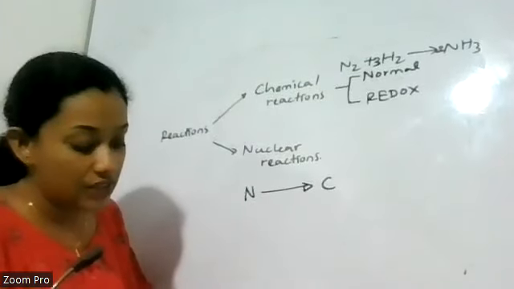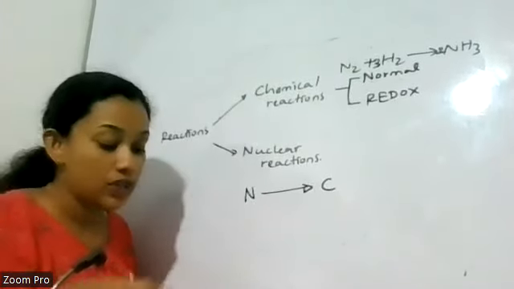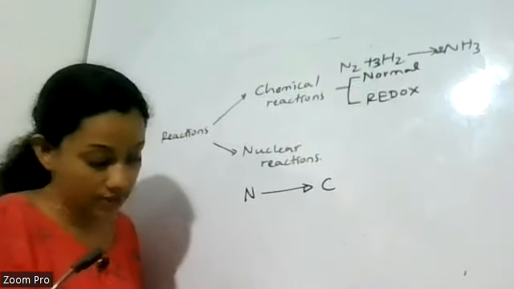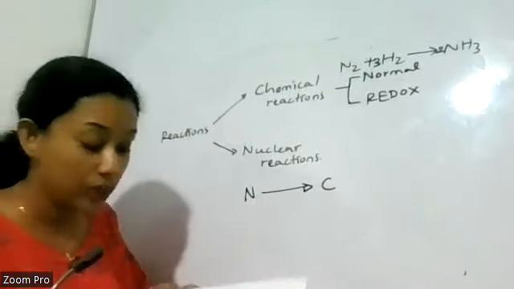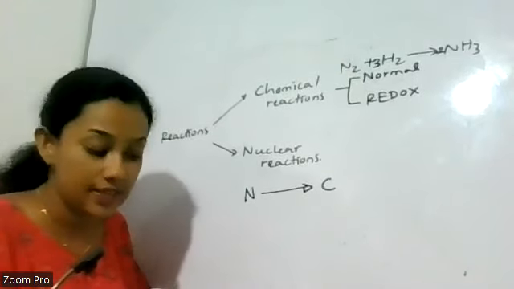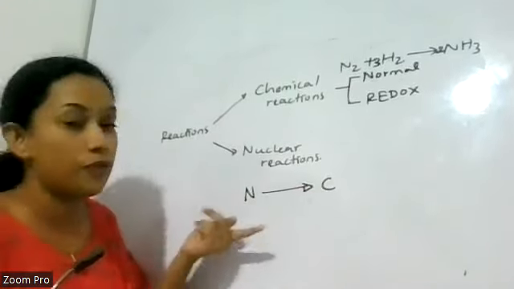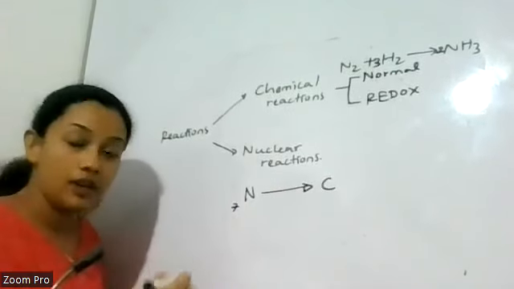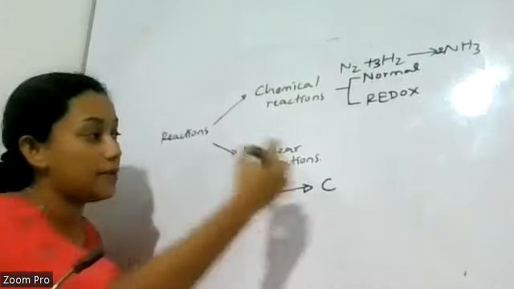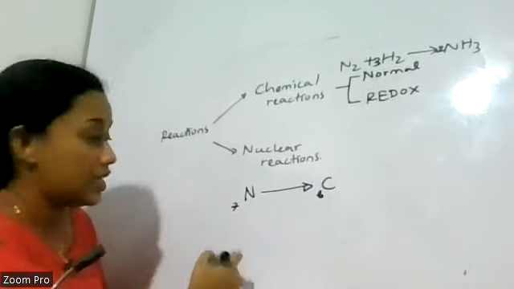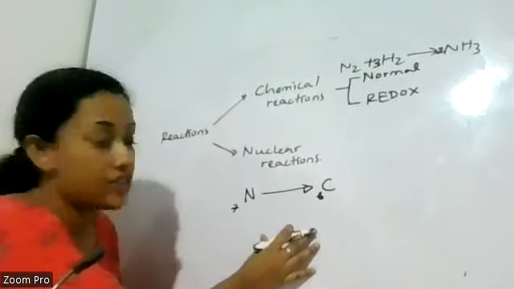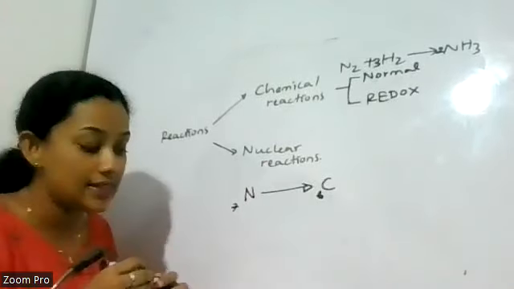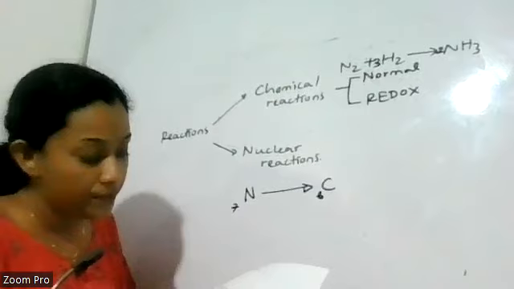In a nuclear reaction, the nucleus is broken and new elements are formed, like carbon from nitrogen. In the nitrogen nucleus, 7 protons are there, but in carbon 6 protons are. Here in this reaction, 1 proton has been lost. Such reactions we call nuclear reactions.